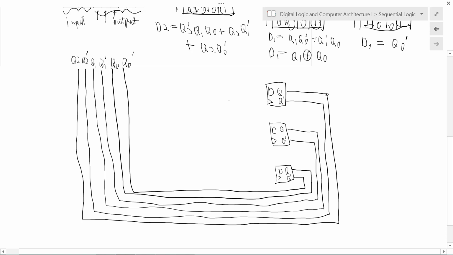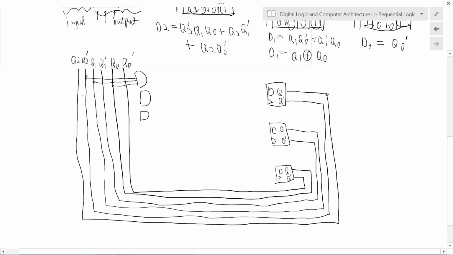So D, let's say D2. This is a little bit complicated. We have 3 AND gates, so 1, 2, and 3. We need Q2 prime, Q1, and Q0.